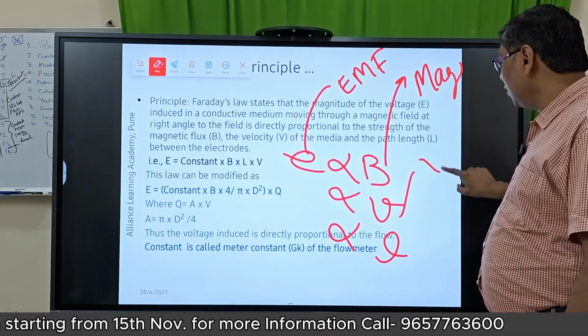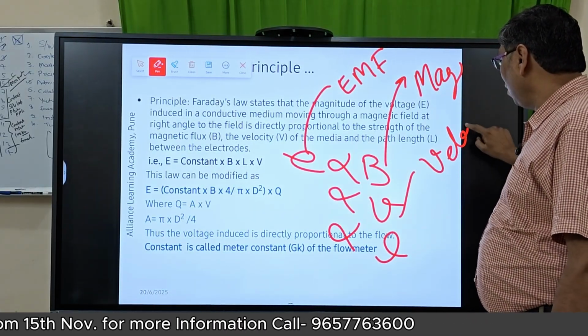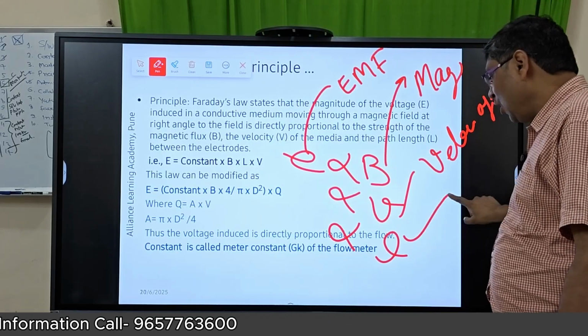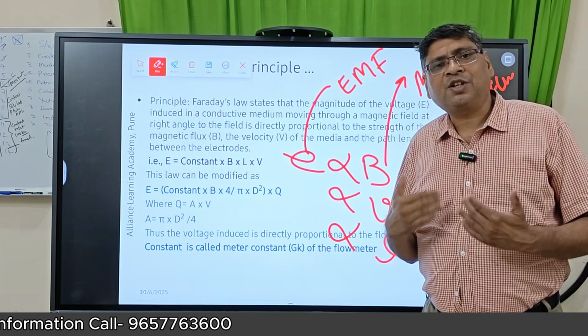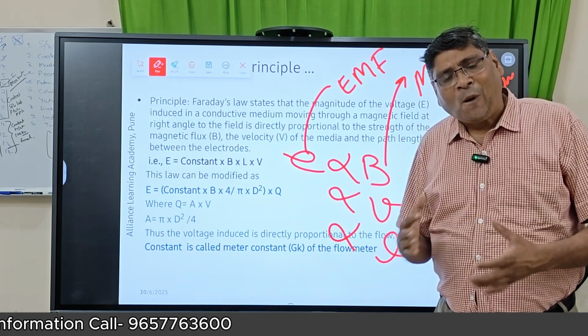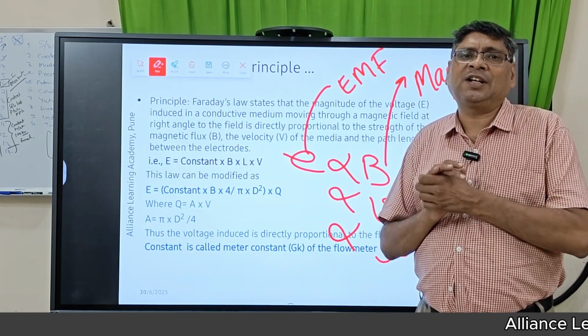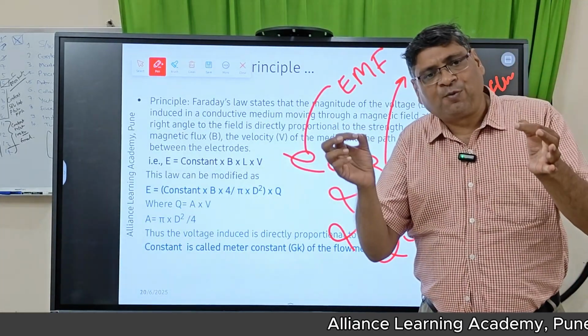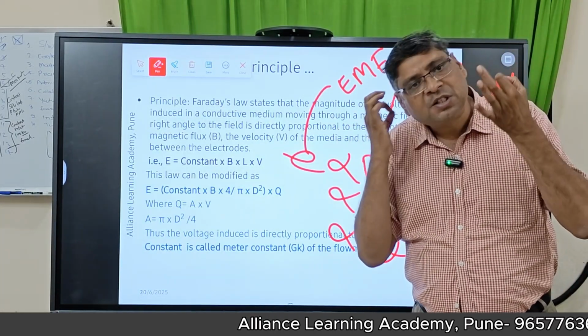V means the velocity of the fluid. What is L? When we understand the construction of an electromagnetic flow meter, we will understand it is the two electrodes. So L is the distance between the two electrodes. In the coming slides, we will see it.